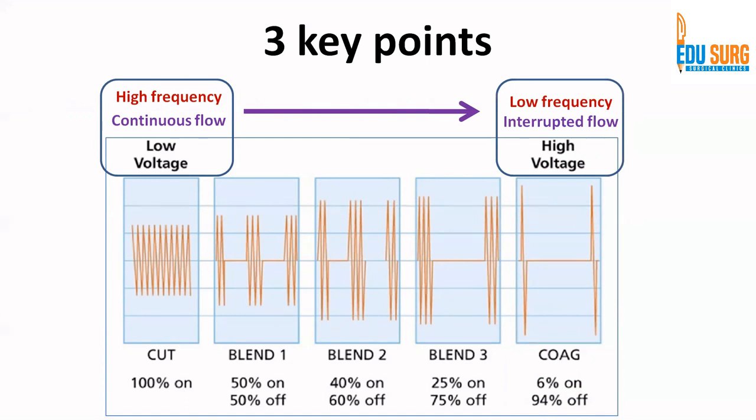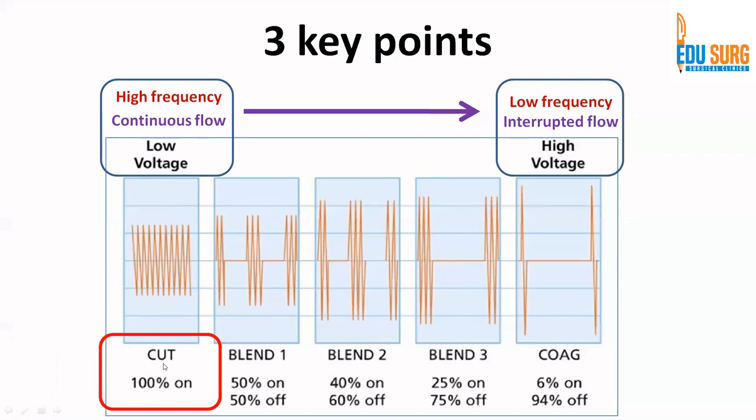So now we will see some of the commonly used settings in the machine in your operation theater, and we will see the actual display of a machine that we use in the operation theater, and we will see what settings are commonly utilized by surgeons in the OT. So like I said, high frequency, low voltage and continuous flow, that is this chart, is known as a CUT, right?